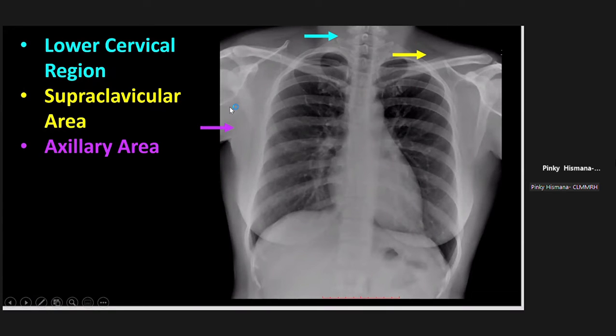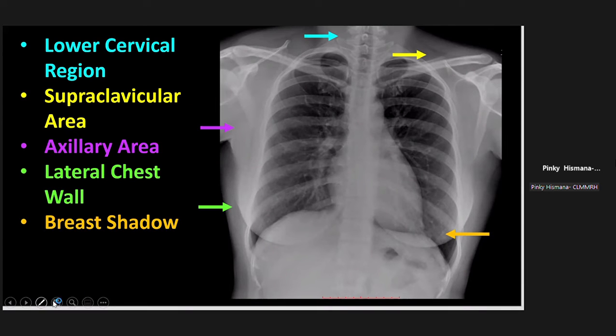Then this one we refer to as your axillary. Of course, you know the axillary area. And then when we refer to the lateral chest wall, basically we refer to this portion. And of course, what you have also would be your breast shadows for the female. At times, males also would have breast shadows.